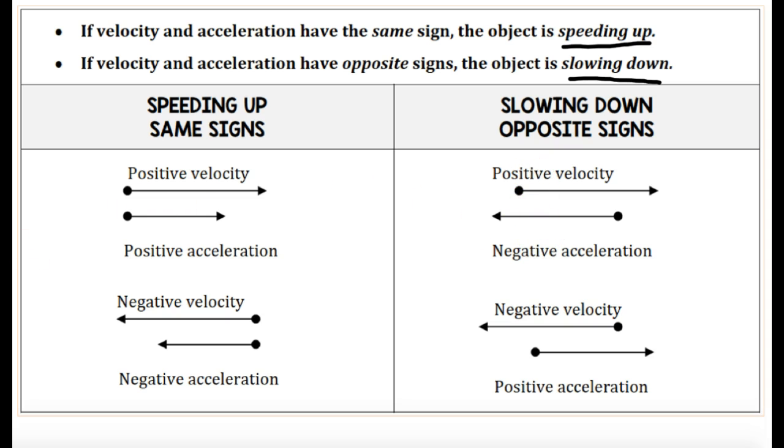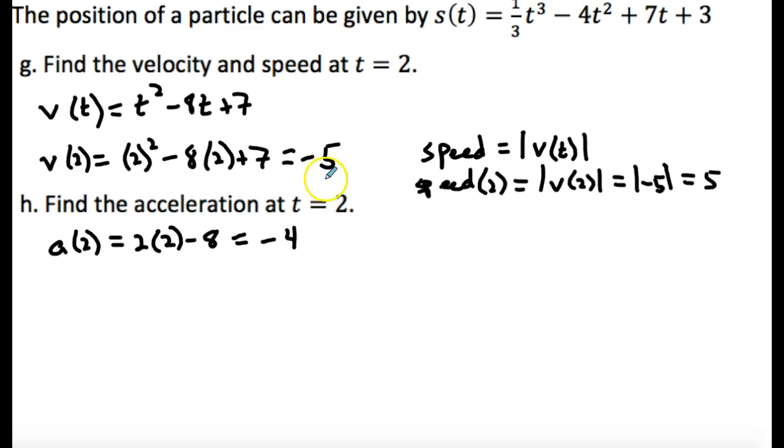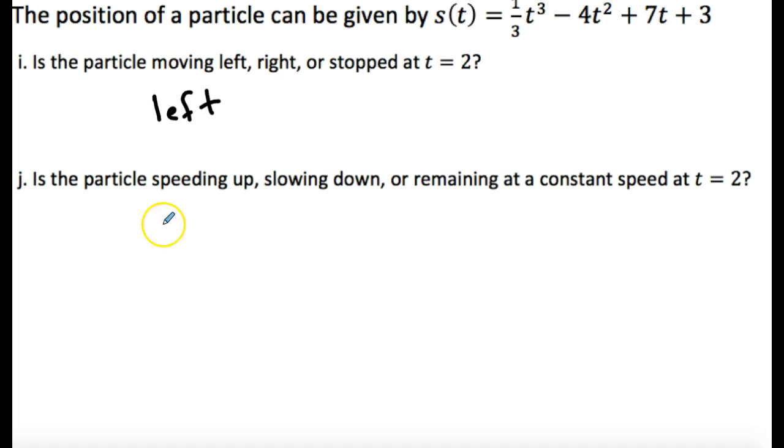So here we've got a negative velocity and a negative acceleration. That means we will be speeding up in the left direction, since both velocity and acceleration are negative. We're moving left and we're being pushed to the left.